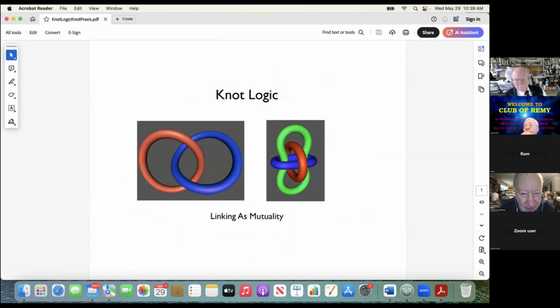Up here, you're thinking of two rings that are in space and they're continuously going around. But when we drew the diagram, we took a convention that said, well, since I can't see it, I'll think of it as cut in the diagram. And then the diagram, the projection, allows me to say, okay, I'll go along from the place where I can't see it, from the undercrossing, until I can't see it again and I get an arc. So these are two arcs that are intercalated with one another.